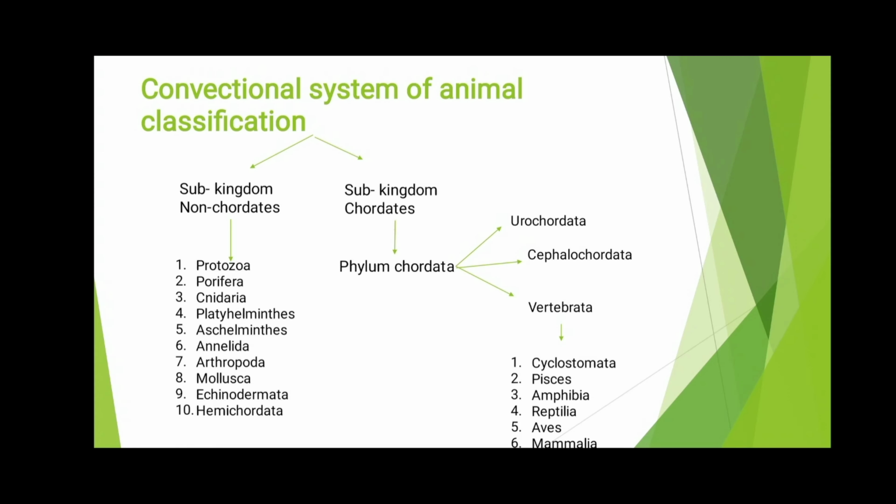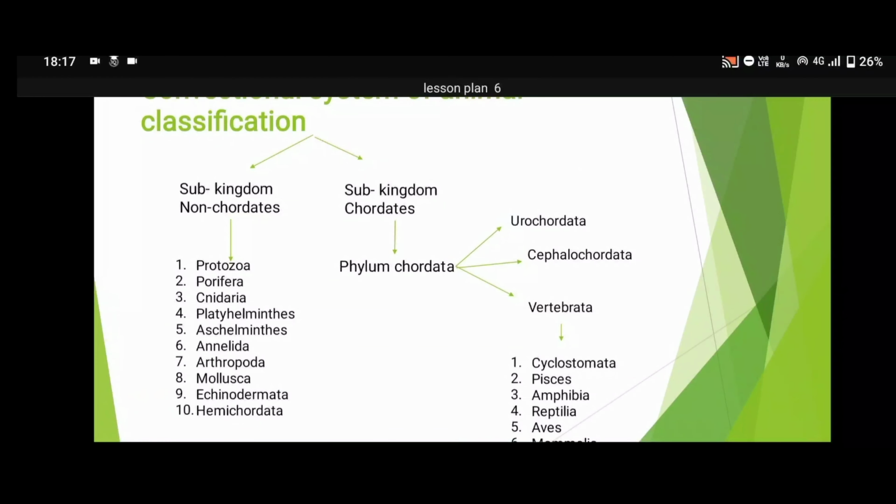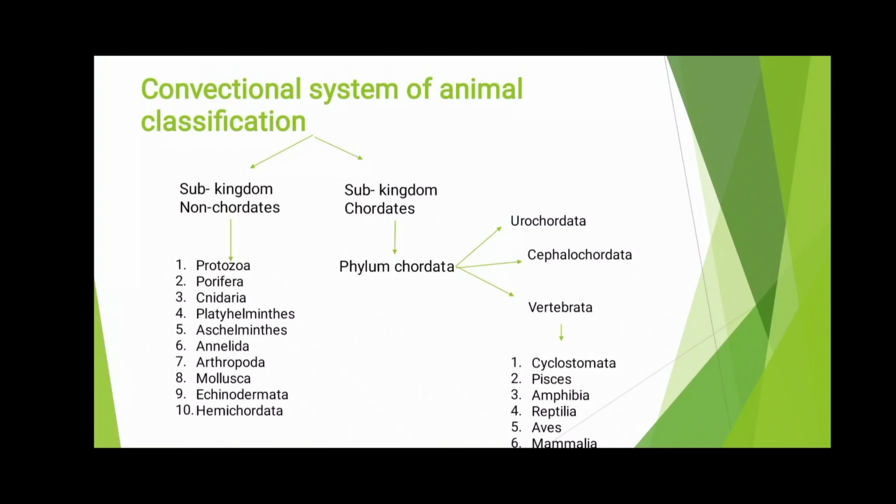They bear numerous pores on their body, and those pores are called ostia and oscula. Understood? These are aquatic animals, and most of them are marine.